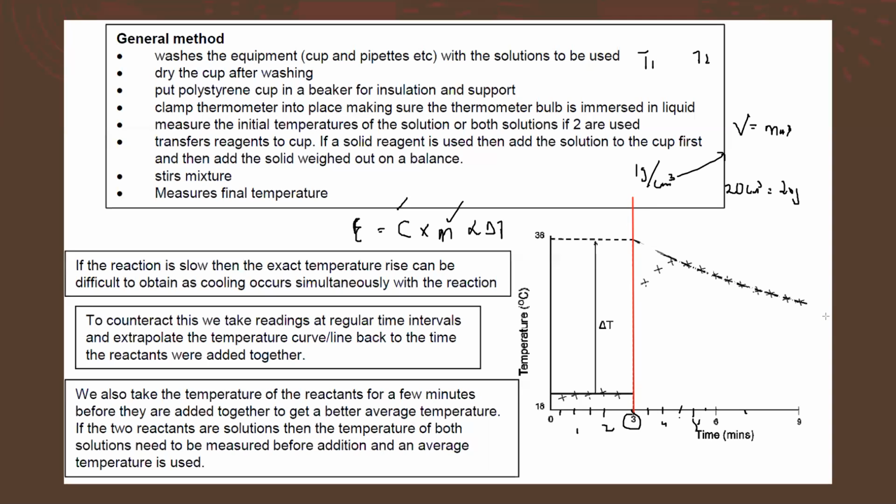And we will draw another line to show the decreasing temperature, showing that the reaction is completed and the temperature is decreasing. The point where the two lines intersect is the final temperature.